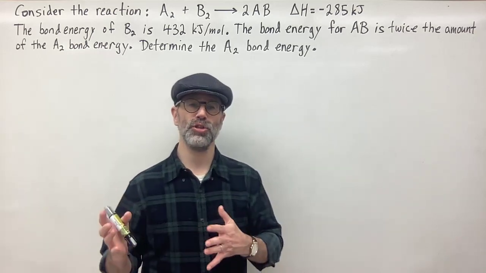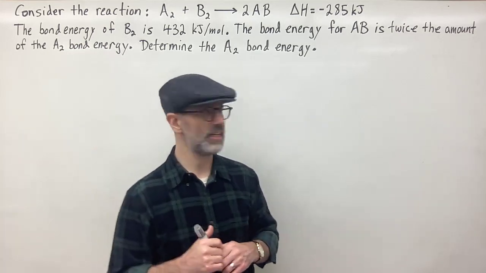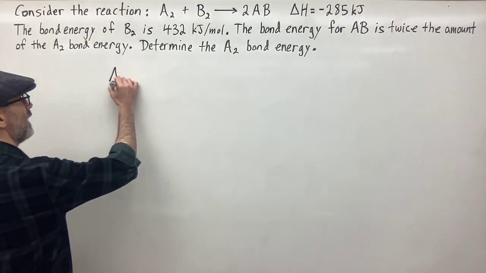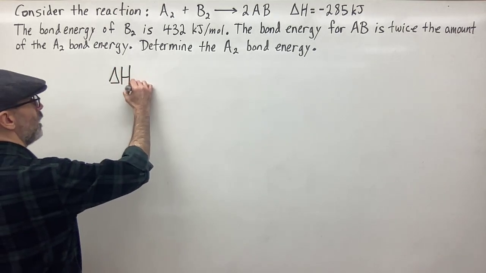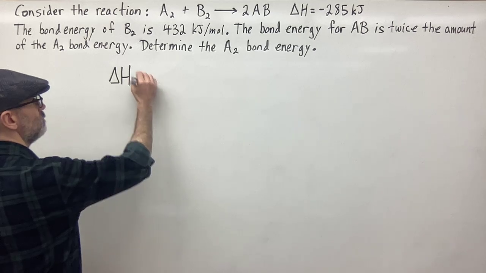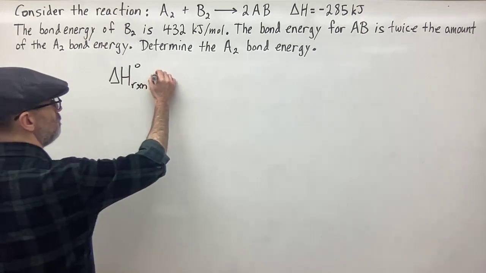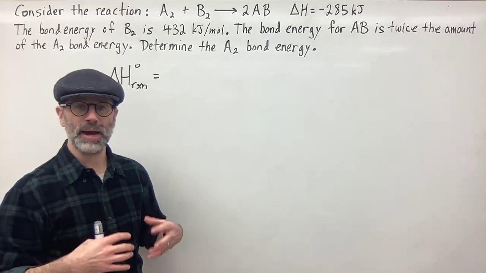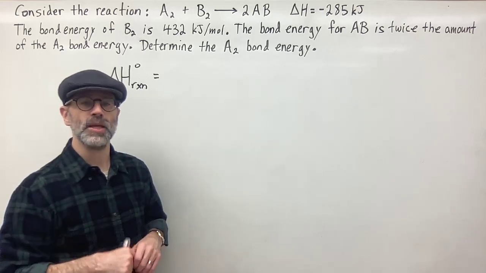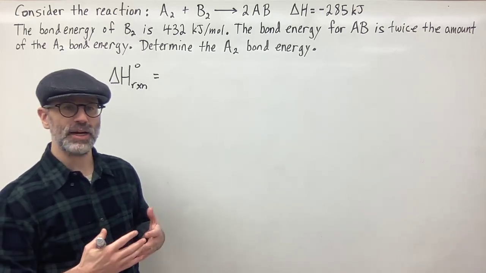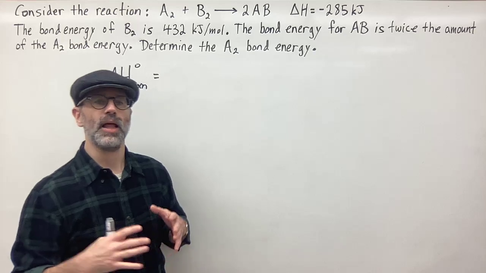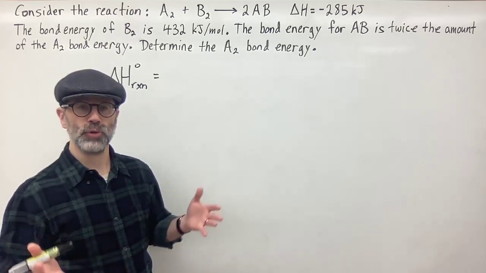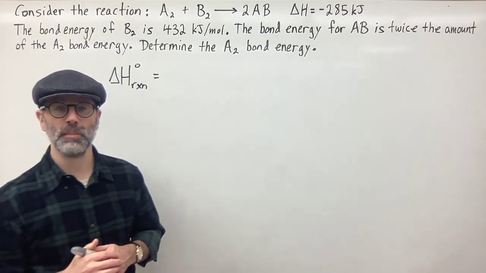So in order to put that together in an equation, the way you want to write it is that delta H of a reaction is going to be equal to, well, we want to break bonds, so we're going to put energy in. So you're going to look up the bond energies. All the bond energies you look up are going to be positive, so they're written as a positive number.